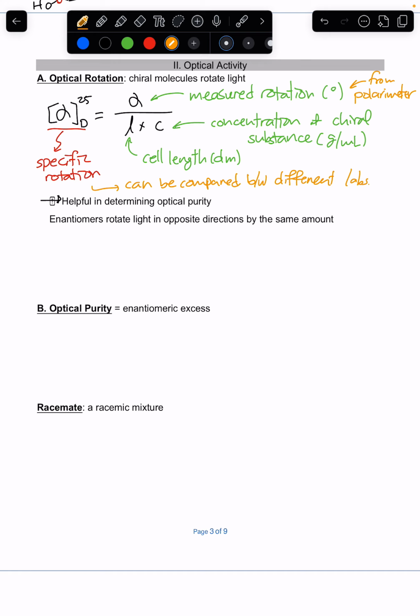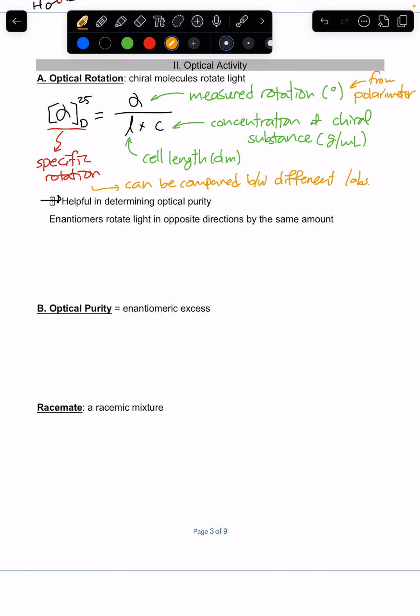Okay, and often this is really helpful in determining optical purity, which in turn often is used to determine things like how much of a particular chiral substance you might have, or what kind of chiral substance you might have.